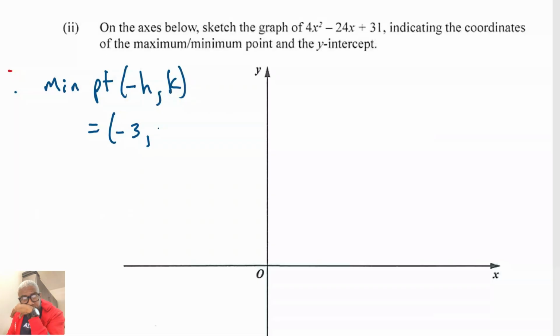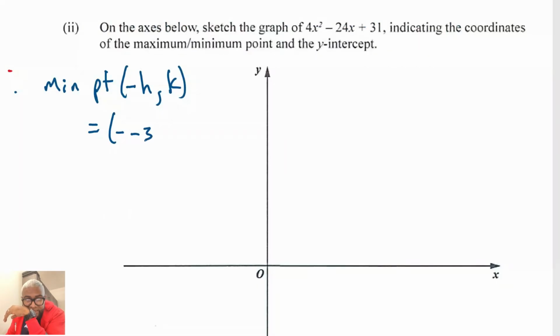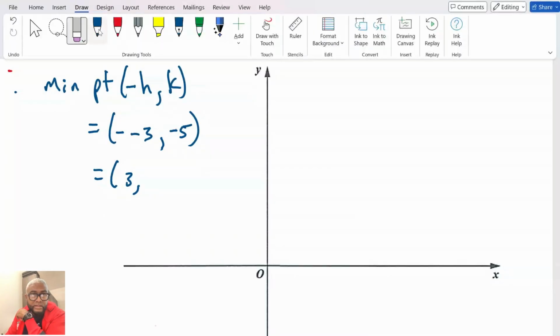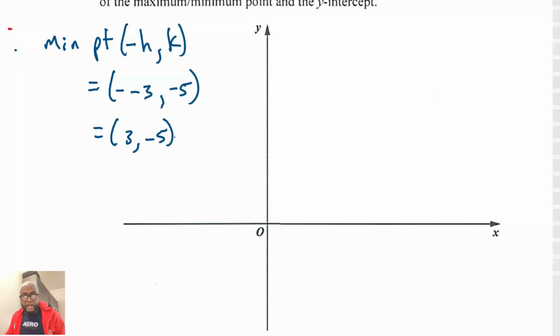Negative 5. So a negative and a negative would be positive 3, comma, negative 5.